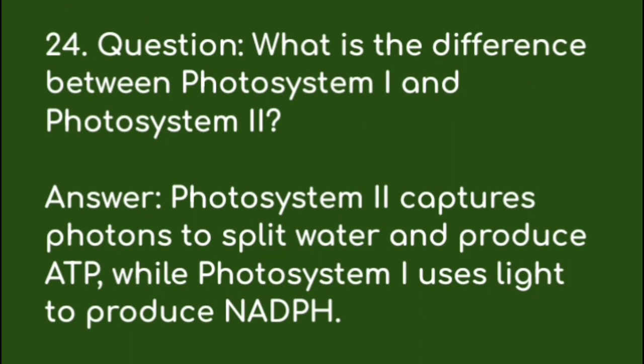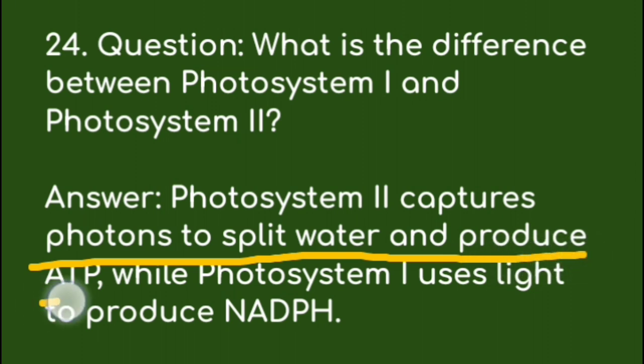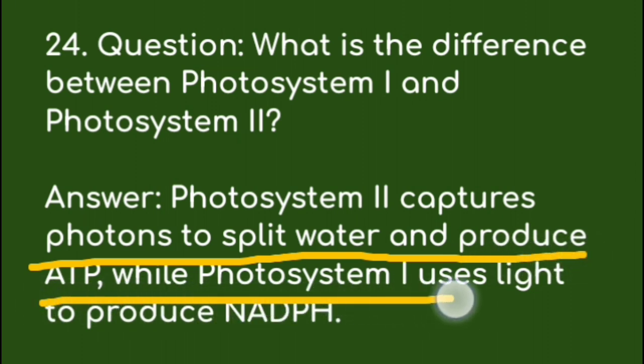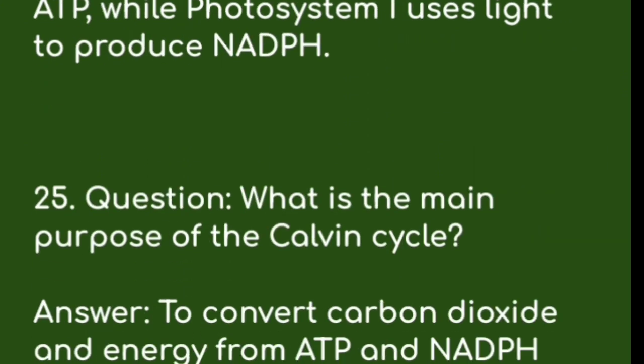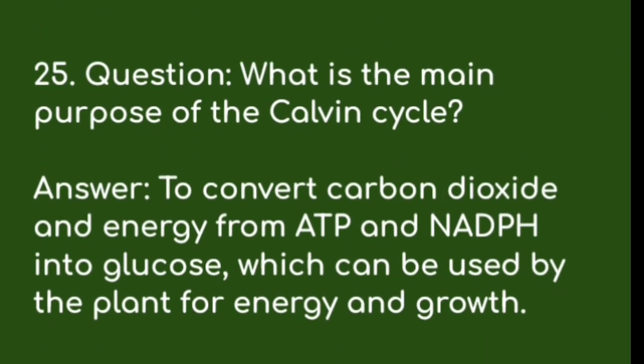The answer is photosystem 2 captures photons to split water and produce ATP, while photosystem 1 uses light to produce NADPH. Number 25. What is the main purpose of the Calvin cycle?